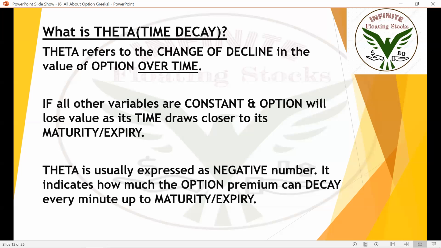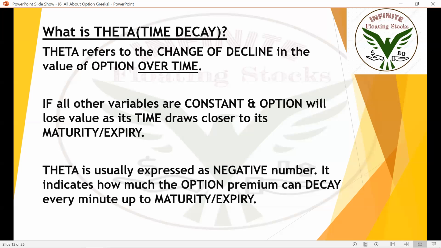On Monday, the price will be around 80. On Tuesday, around 60. On Wednesday, around 40 or 35. And on Thursday, it will expire at 0. It will come down to 0 if there is no movement in Nifty or the underlying asset. The best I can explain is with the Fortuner scenario. Imagine you buy a Jaguar or a BMW today and sell the same car after 10 years.